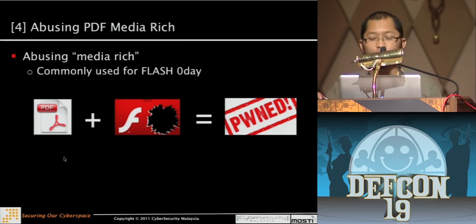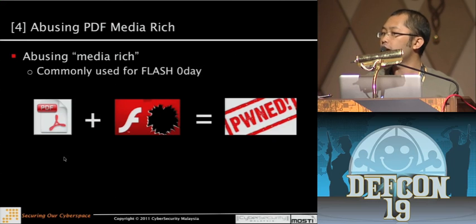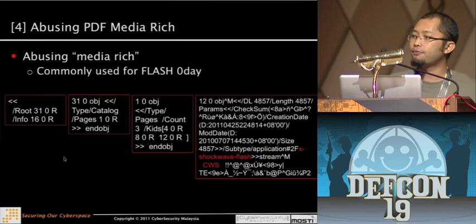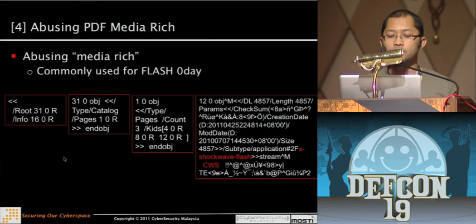And normally the PDF is used against a Flash 0-day. So you have a normal, good-looking PDF. It's not malformed, but you have bugs in Adobe and Flash. How does it look within your PDF structure? For example, you start with /Root again.